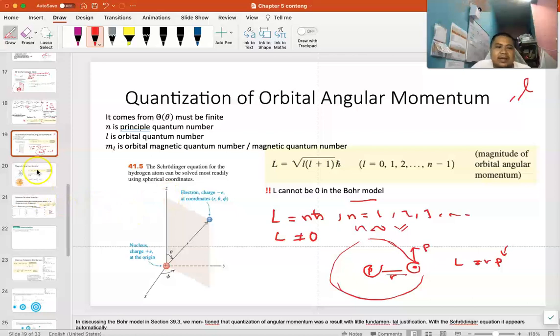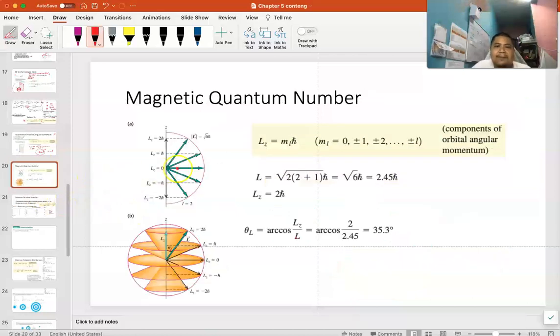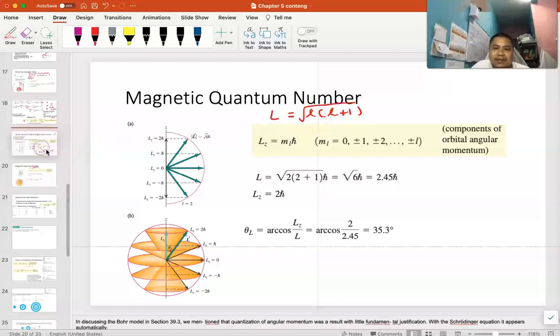Alright, in the visual form, angular momentum is given by, as before, the square root of L times L plus 1, multiplied by h bar.